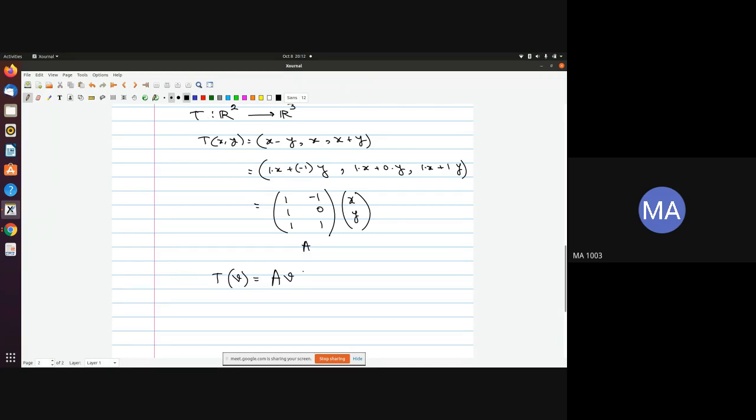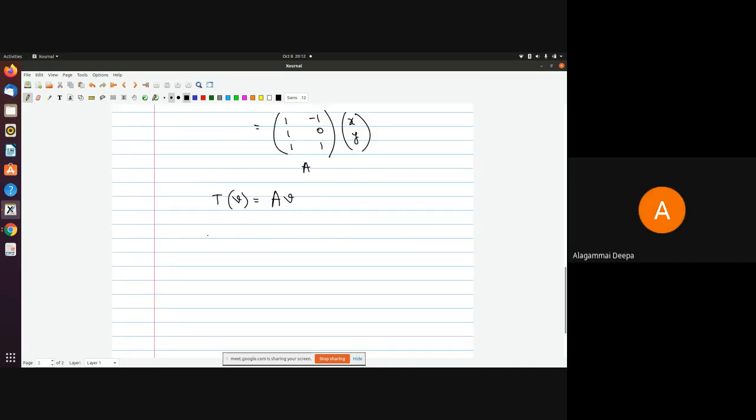And there is a relation, you can see clearly, with the matrix. So each linear transformation has a relation with some matrix. Is it clear? Yes, sir. Each linear transformation I can write as a matrix like this, T(v) as A into v.